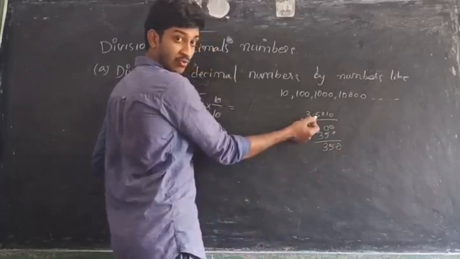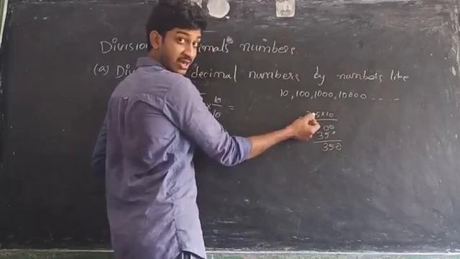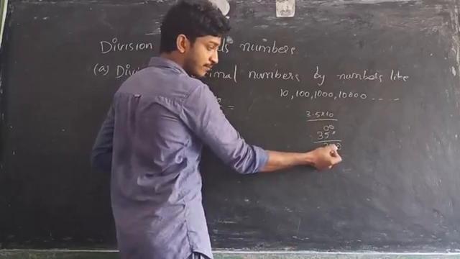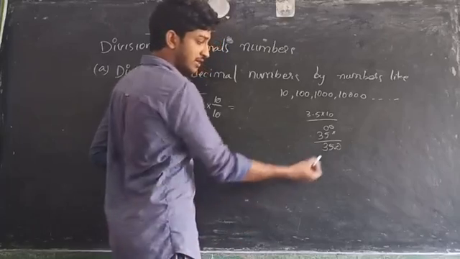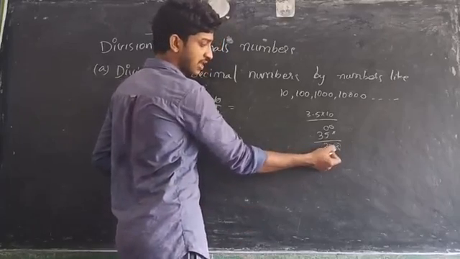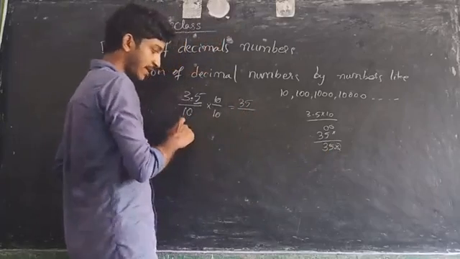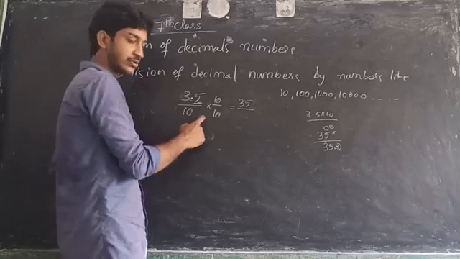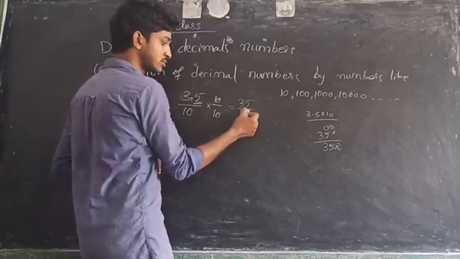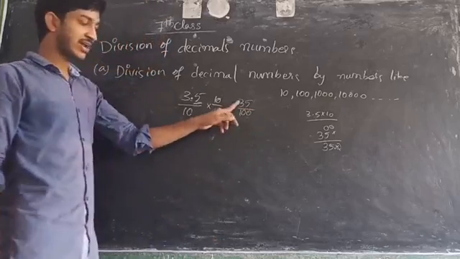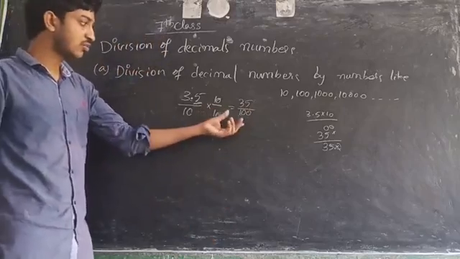There is only one digit after the decimal point, so put the decimal point after one digit. So the answer is 35. In the denominator, 10 into 10 is 100. So 35 divided by 100 is the answer.